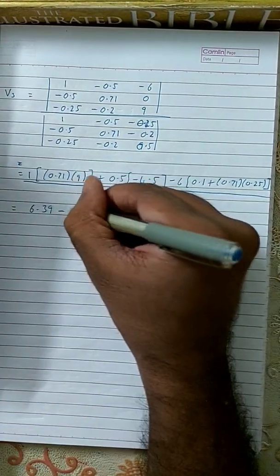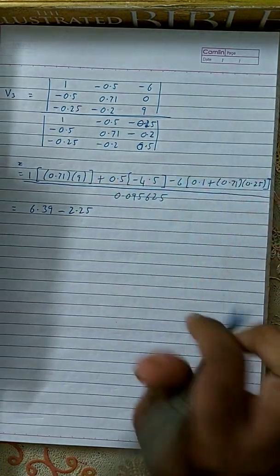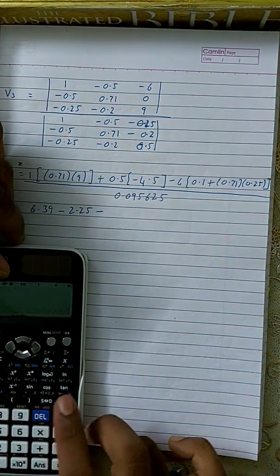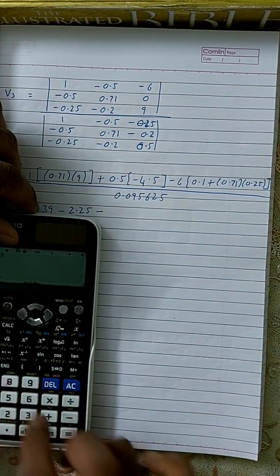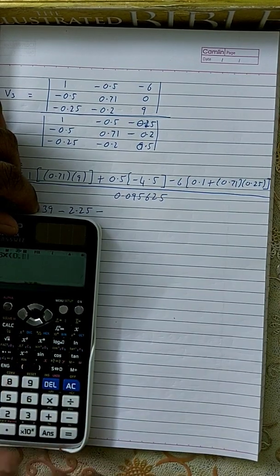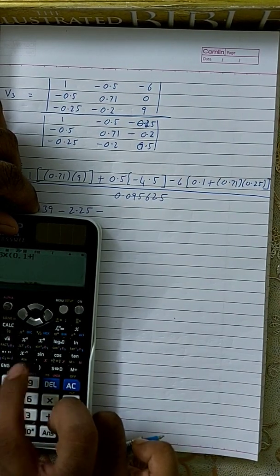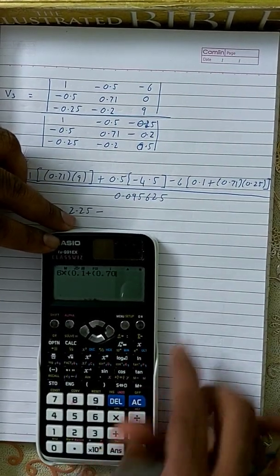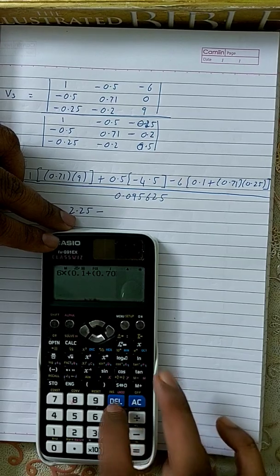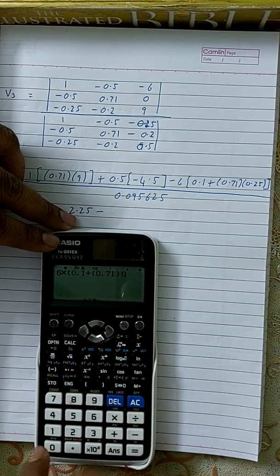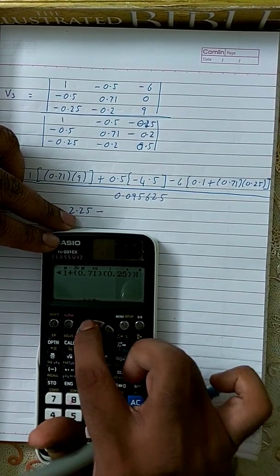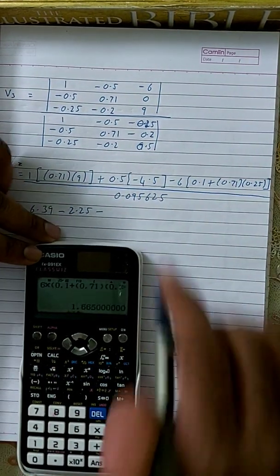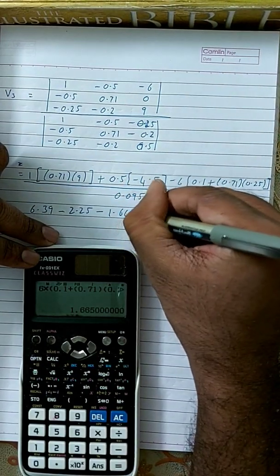So this is minus 2.25, and this is minus 6 into bracket 0.1 plus 0.71 into 0.25, which gives minus 1.665.